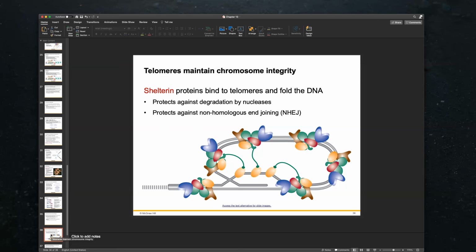Ribonucleases break down RNA. These proteins fold the DNA of the telomeres, and it protects it against degradation by those enzymes. It also protects against chromosomes not having their ends joined, because they loop around each other.